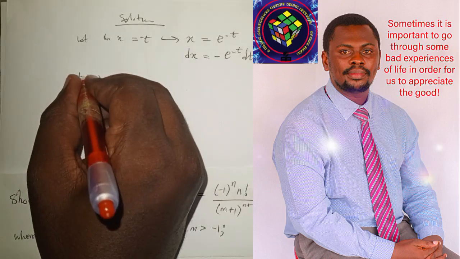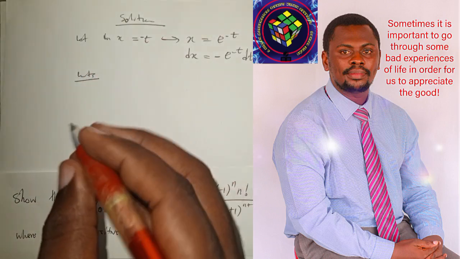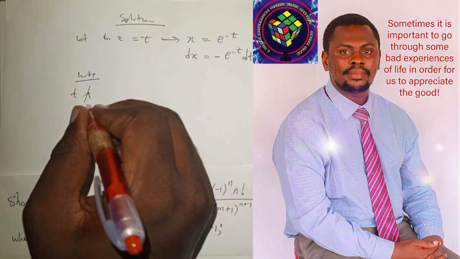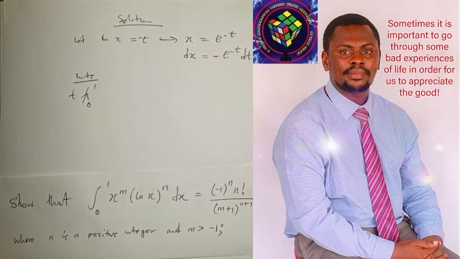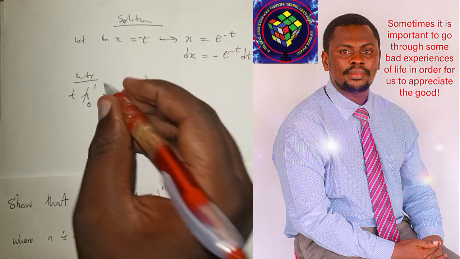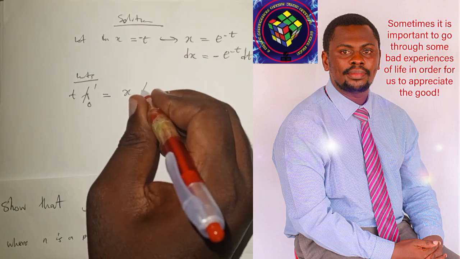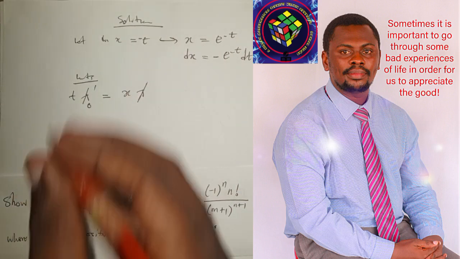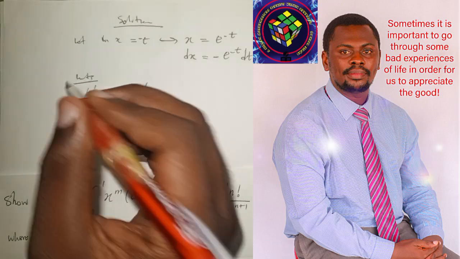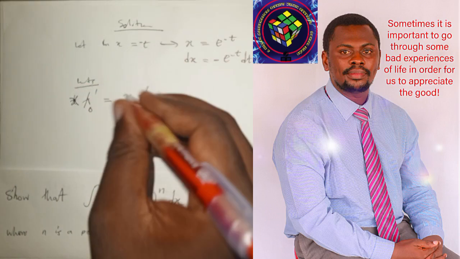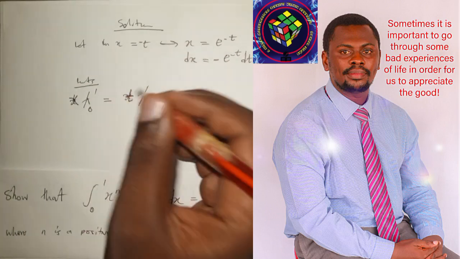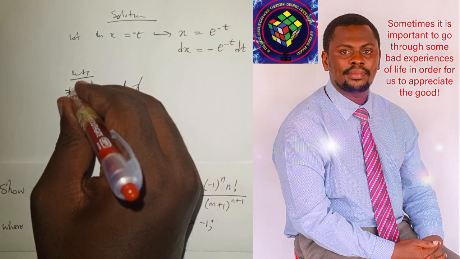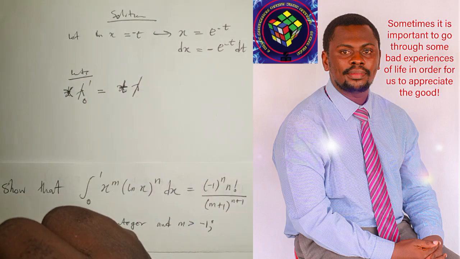Our initial limits were x, that is x from 0 to 1. Now we are changing to t. First, where there is x, we put a 0.